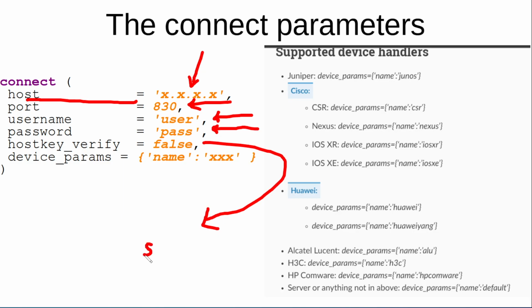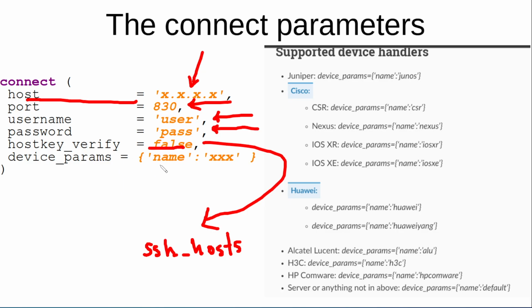And this host key verify will tell your NETCONF server to validate that you are a valid client. Some NETCONF servers will go and look within the secure shell host file to see if your IP address is included there for security. But if you don't want your NETCONF server to validate your IP address, just set it to false.